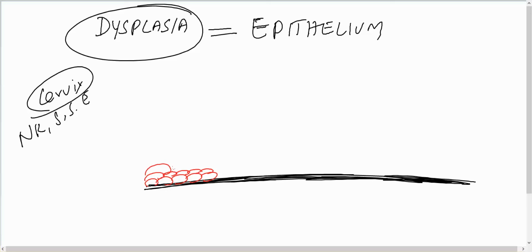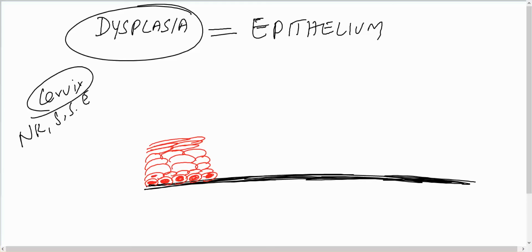Then we have a group of cells. These basal cells divide and form another group of cells called intermediate cells. Then they form superficial cells. The basal cells, as I said earlier, have a large nucleus compared with the other cells because they are the dividing cells.